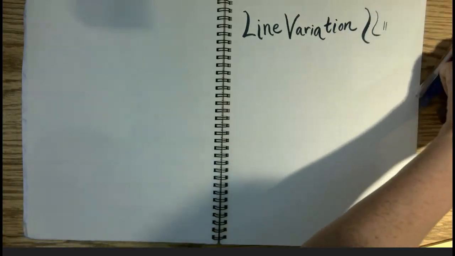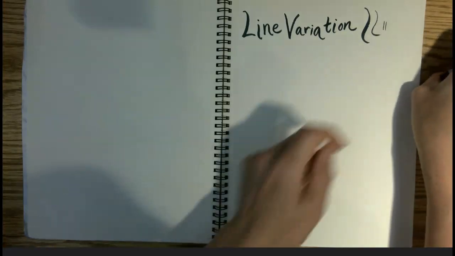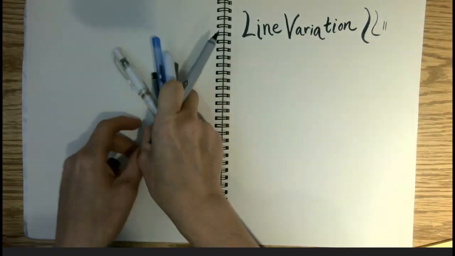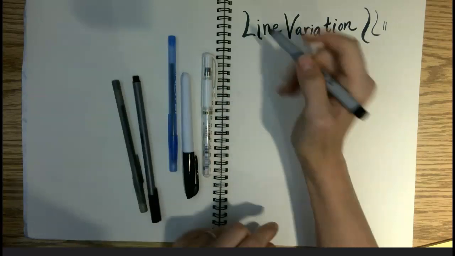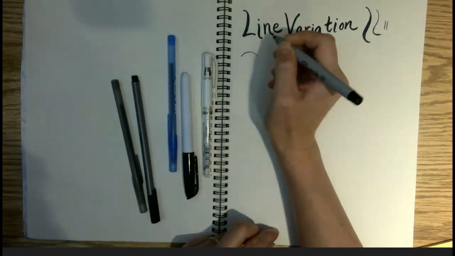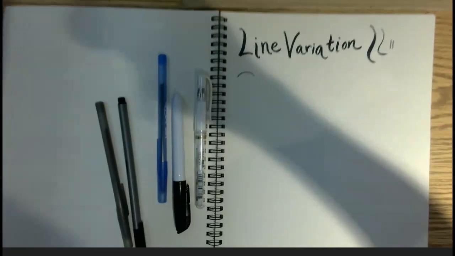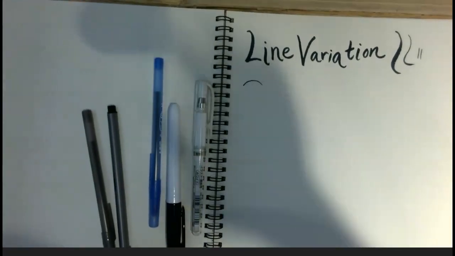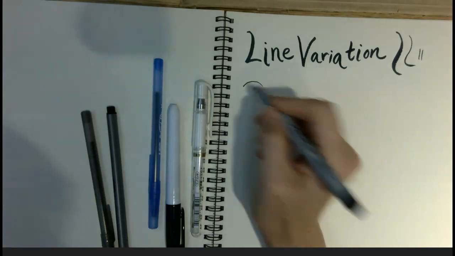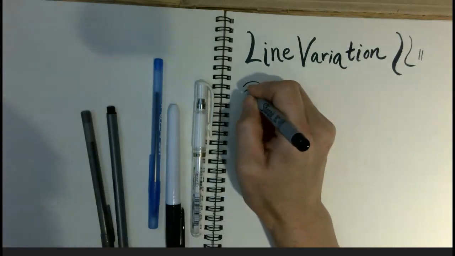But we'll be using, probably more than that, some of our narrower pens and markers, such as these ones here. So I've got my permanent Sharpie with the ultra fine tip, and you can see even with these small tips, I can still get that variation in line.